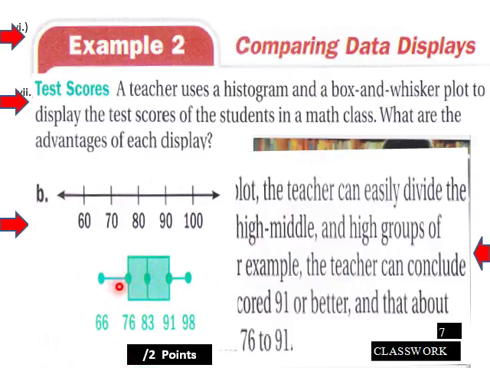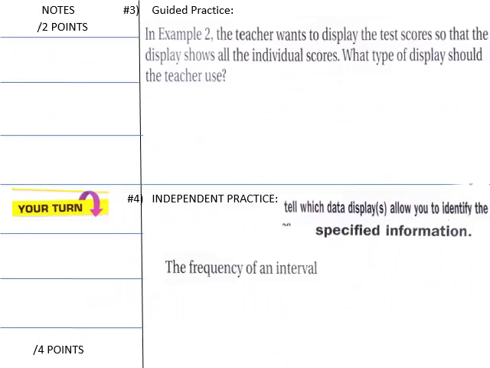Here's your box and whisker, so it really shows you where your median is right here. It looks like about an 85. That's great, half above and half below that score. And then you have a quarter up here, between 80-something to 90. Then you have a few even up here. The low score is 66. That's not bad at all.